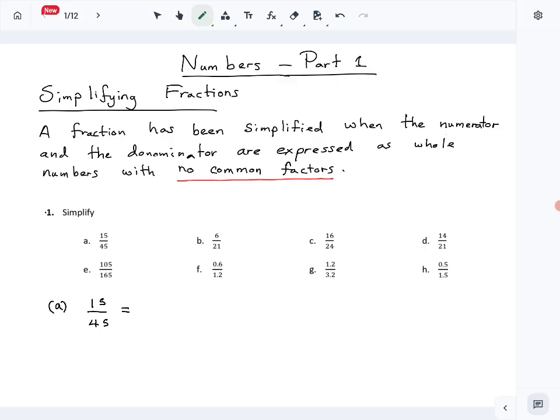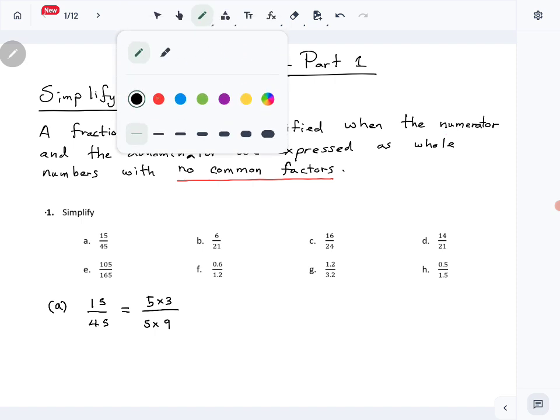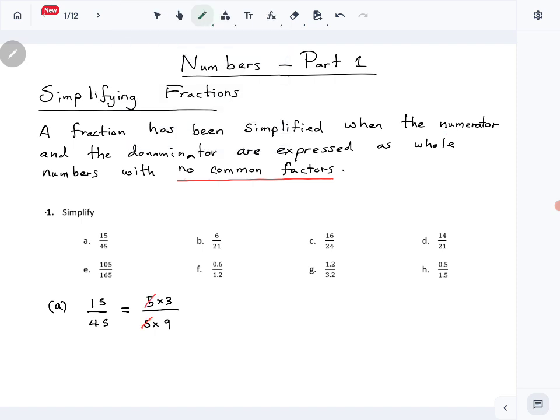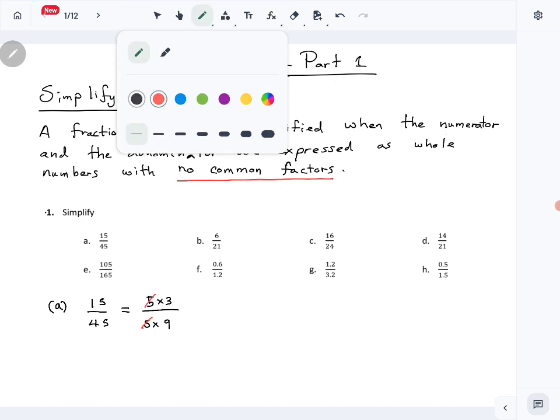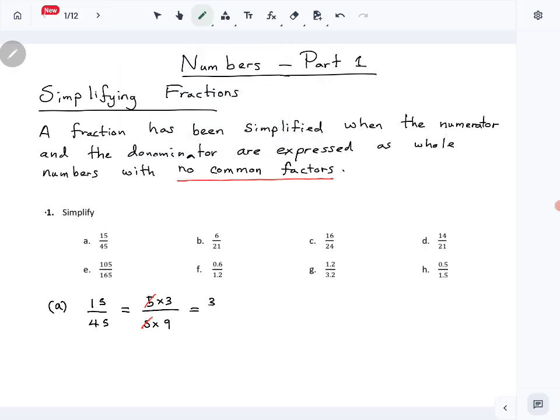That's the process. 15 you can write as 5 into 3. 45 we can write as 5 into 9. So then we can cancel 5 and 5. So then we are left with 3 over 9.